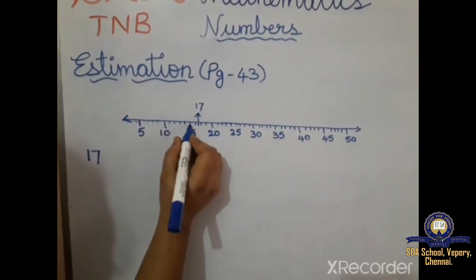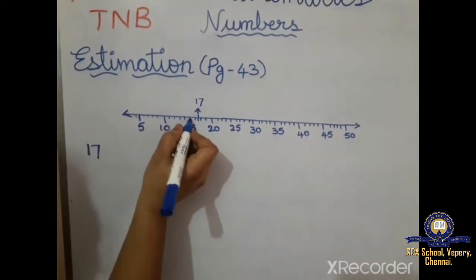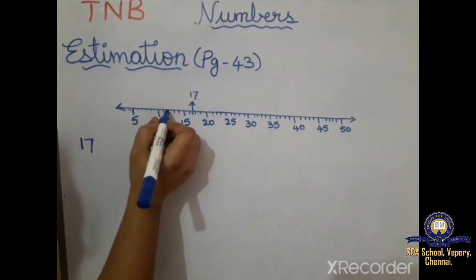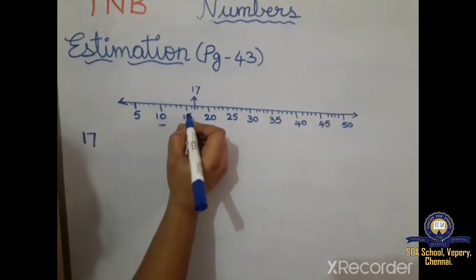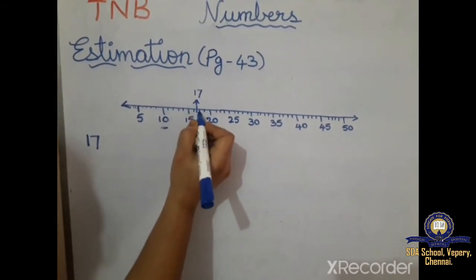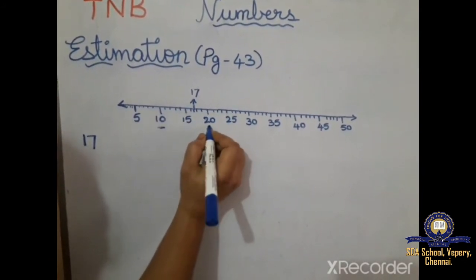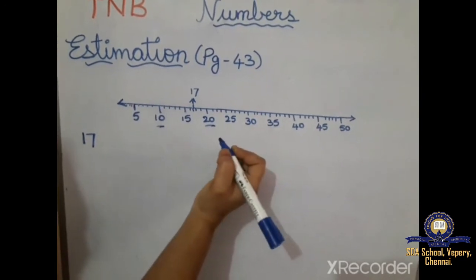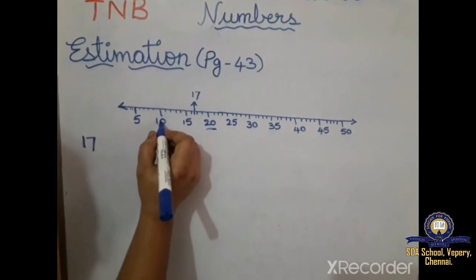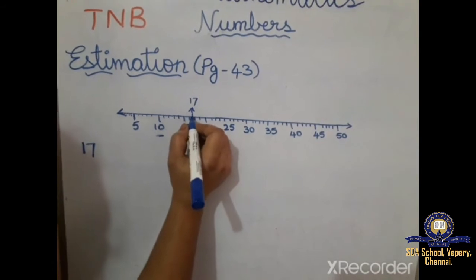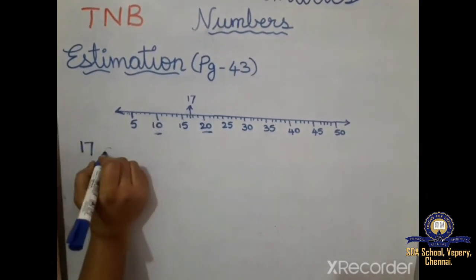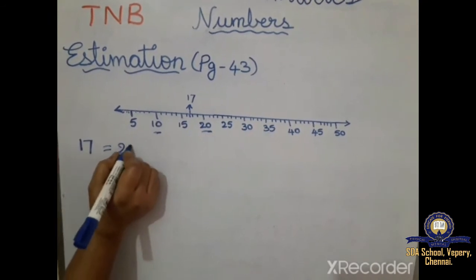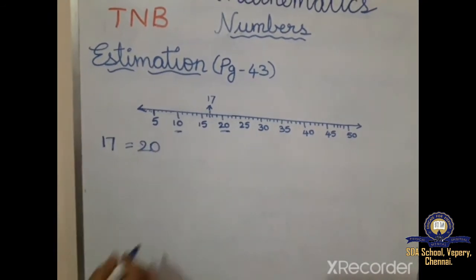If it is on this side of 15, we have to write 10. If it is on the other side, a number greater than 15, we have to write 20. So the nearest number for 17 is 20. That is called round off.